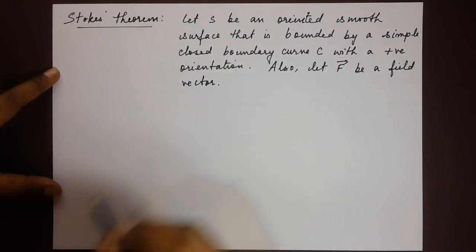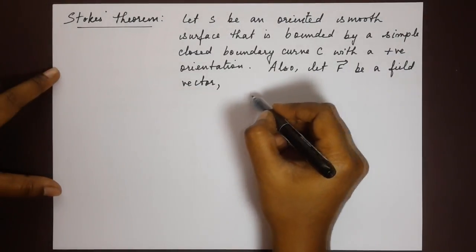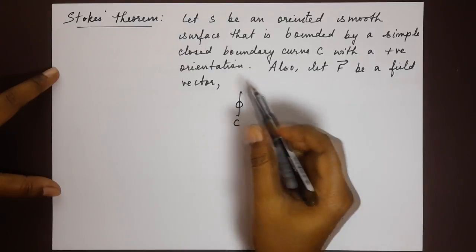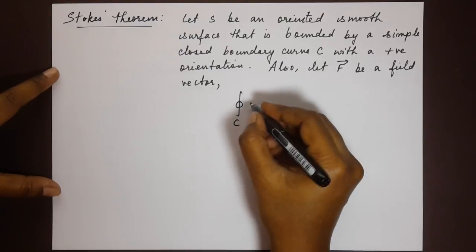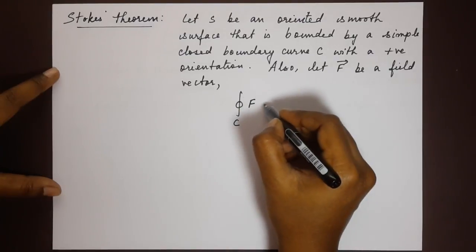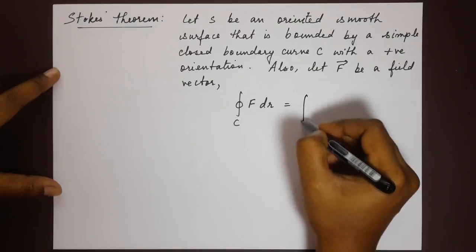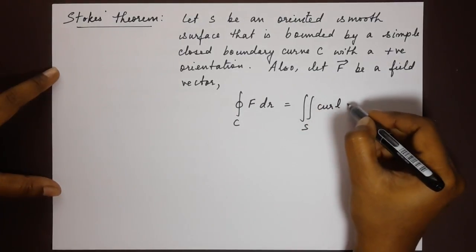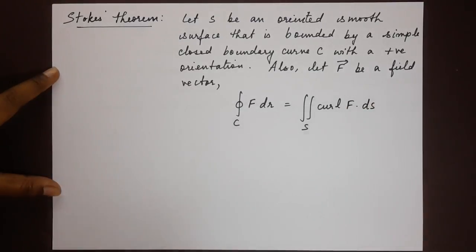Now, in this case, here we have a closed integral C. Now, this is our closed boundary curve C of the vector field F dr equals the surface integral of the curl of F ds.